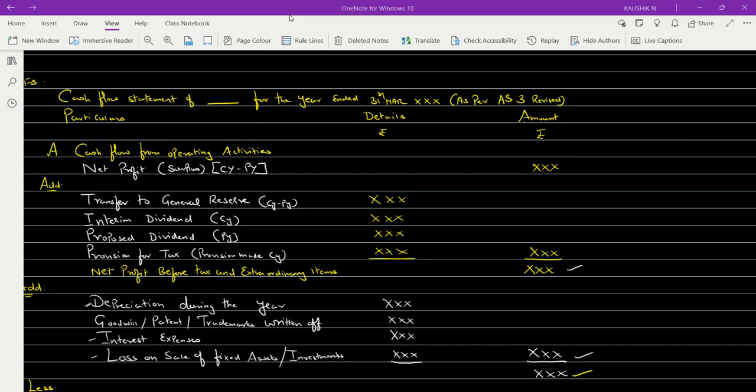In the investing activity, what we are going to record: the add items, that is inflow of cash, and the less items. In the add category you will have sale of fixed assets or investments.